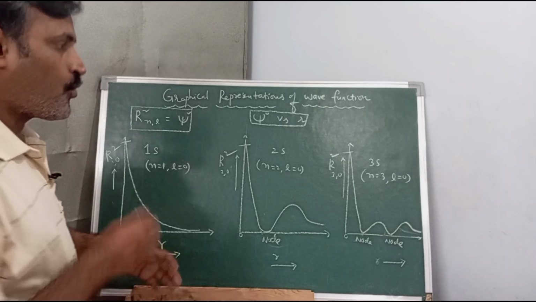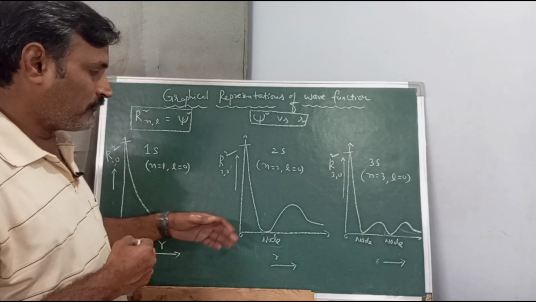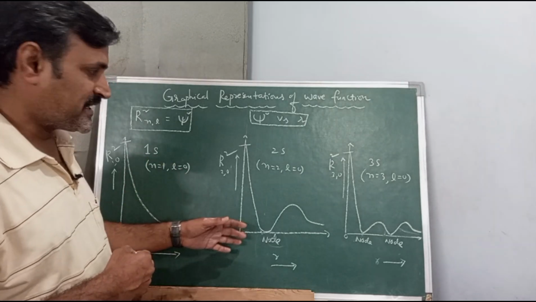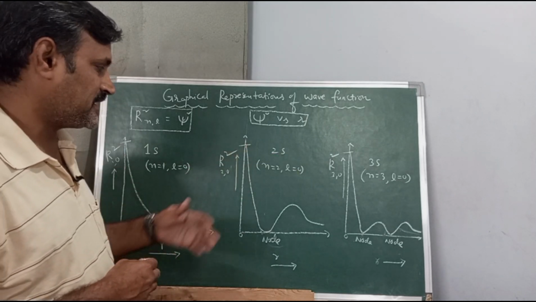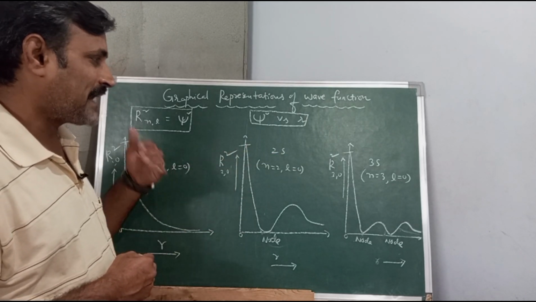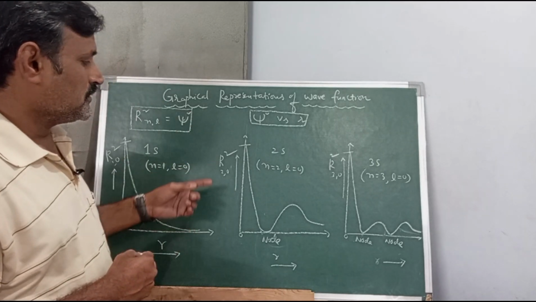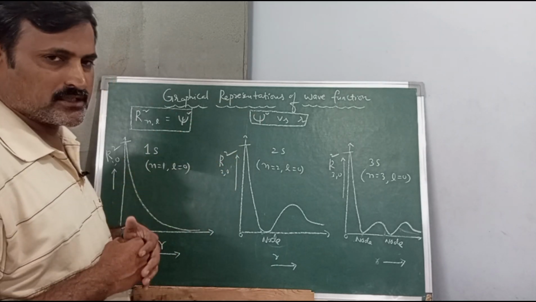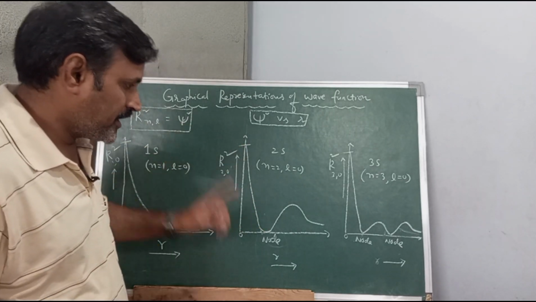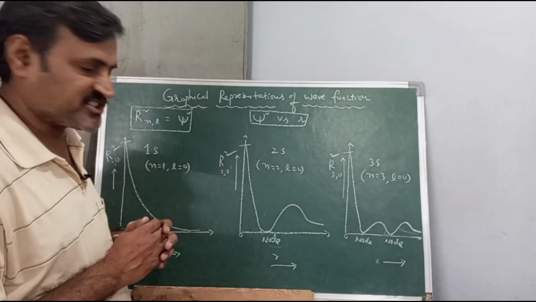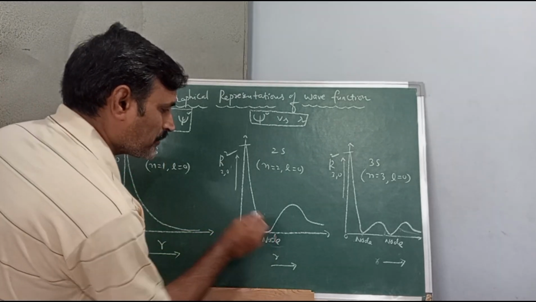We do this to overcome the difficulty of the negative part in the graphs of 2s and 3s from the previous discussion, so we have to take the square of that radial part. Here we got some modification and a little clarity about the nodes also.